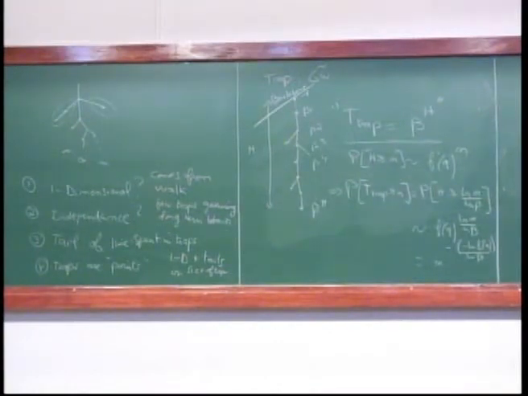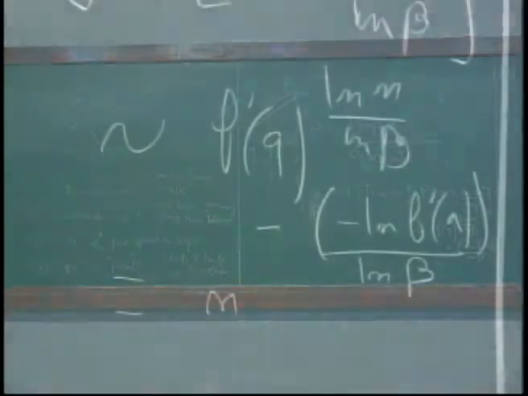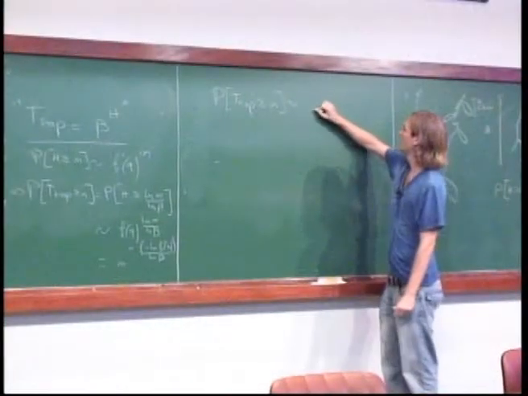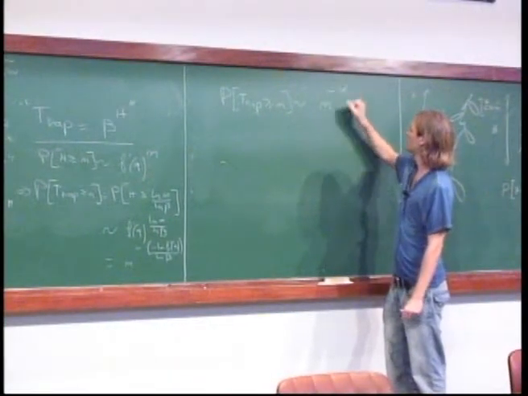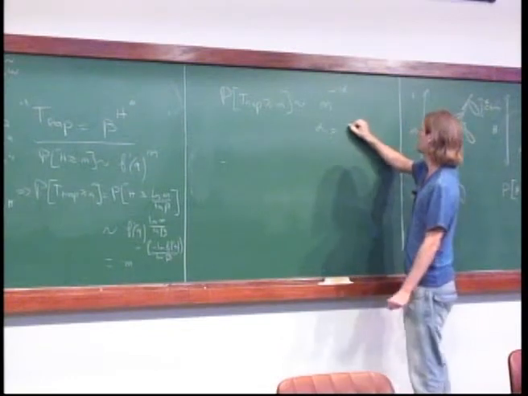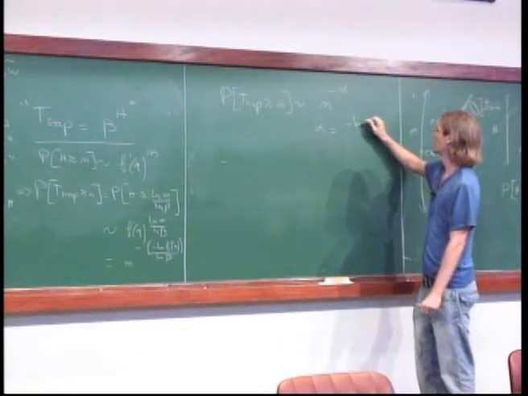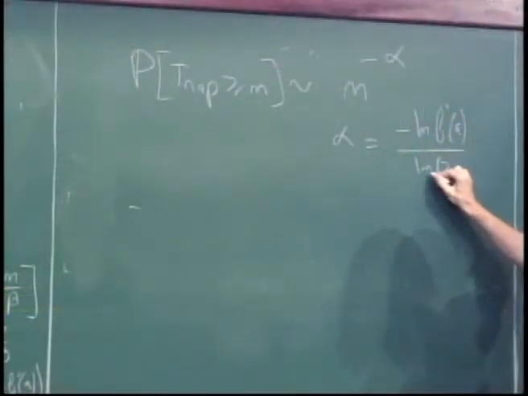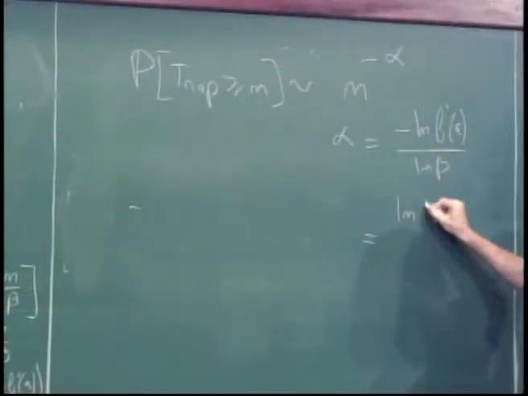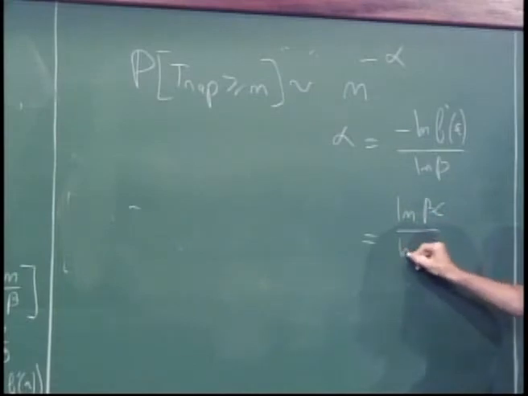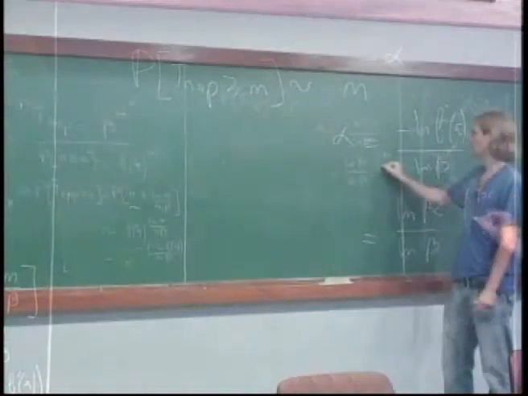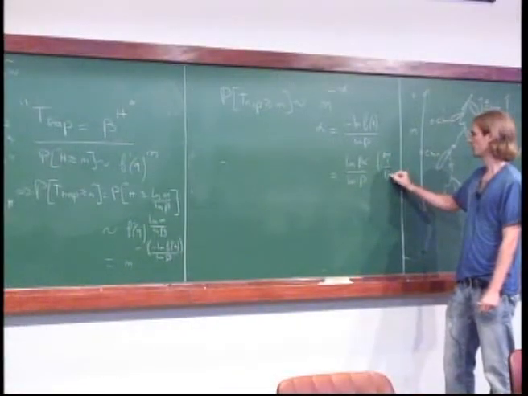What you get is that the probability that the time spent in a trap is larger than n should behave as n to the power minus alpha, where alpha is this number, minus log f prime of q divided by log beta, which can also be written as log beta c divided by log beta, where this beta c I introduced before was 1 over f prime of q.